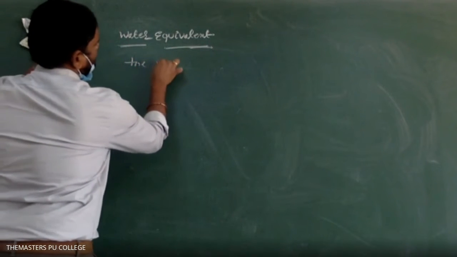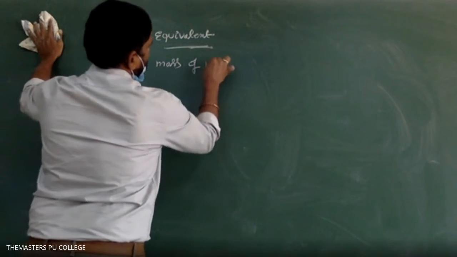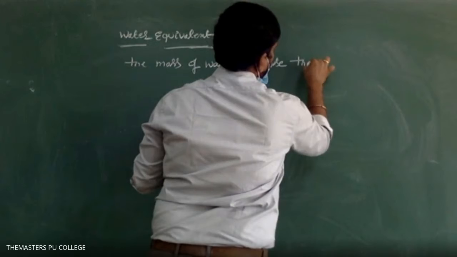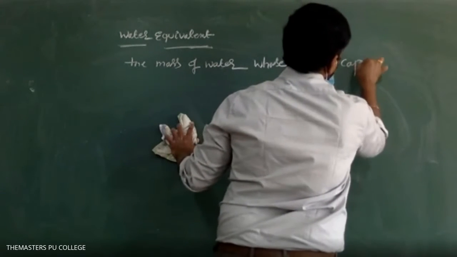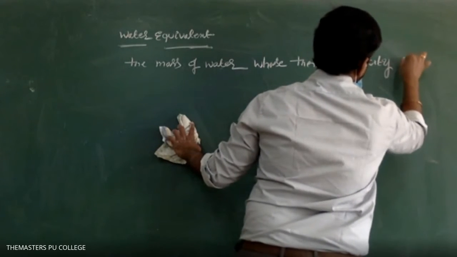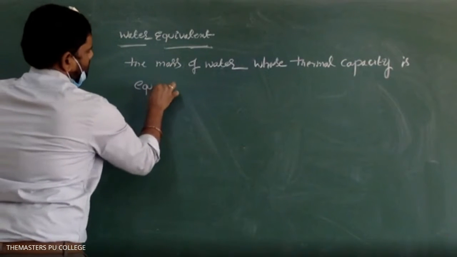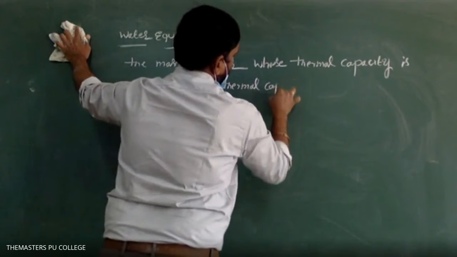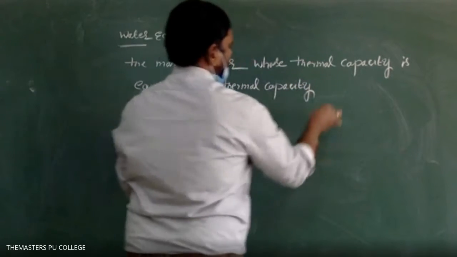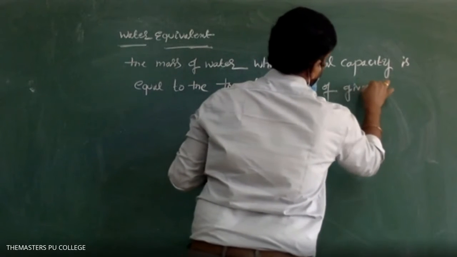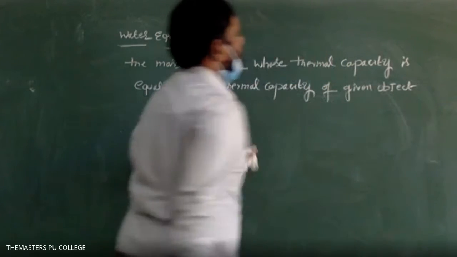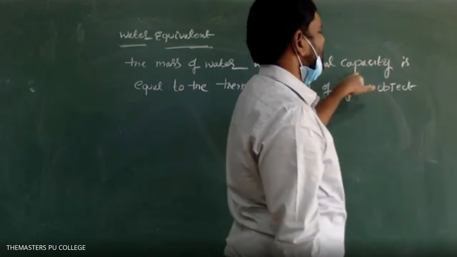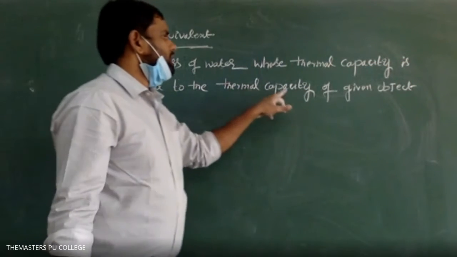The mass of water whose thermal capacity is equal to the thermal capacity of the given object. So water equivalent is the mass of water whose thermal capacity is equal to the thermal capacity of the given object.